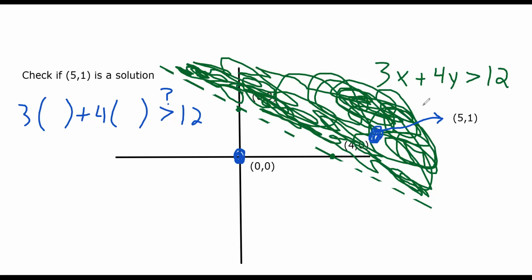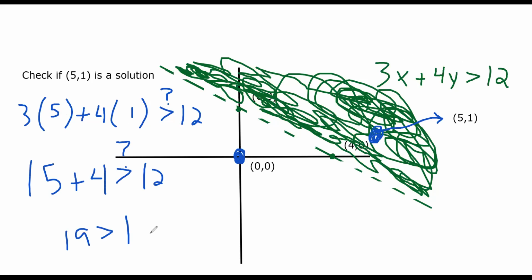Now we check 5, 1. I plug a 5 in for x, a 1 in for y. And you see, 3 times 5 is 15 plus 4. Is 15 plus 4 greater than 12? Yeah, 19 is greater than 12. That is a true statement. So that's why the point 5, 1 is in the shaded region. It's because it is a solution. That's exactly what it means.